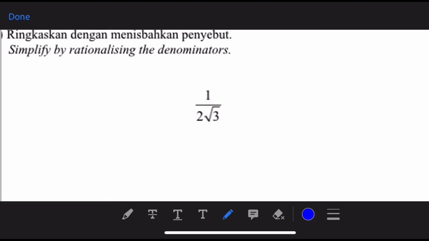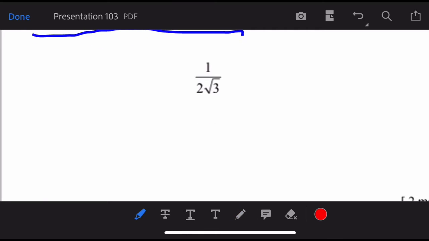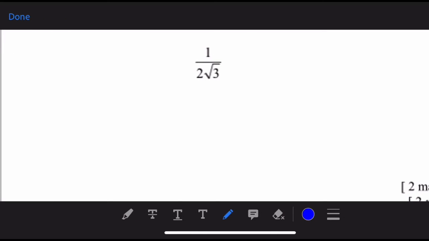Okay, let's see. Simplify by rationalizing the denominator. So when we see this one, it is actually quite easy. You can multiply by 2 root 3, or just root 3 will do, up and down, 2 root 3.